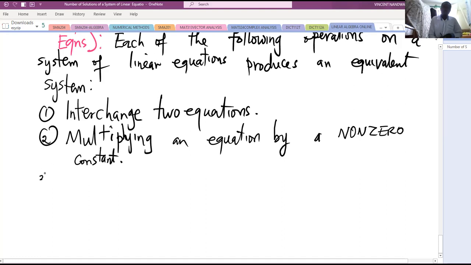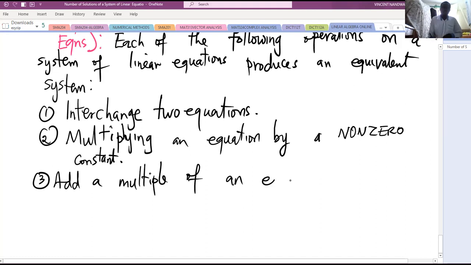And number three, add a multiple of an equation to another equation.